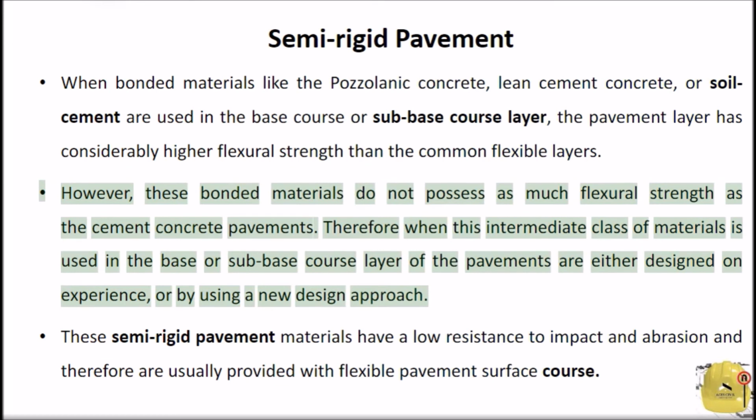However, these bonded materials do not possess as much flexural strength as cement concrete pavements. Therefore, when this intermediate class of materials is used, the pavements are either designed on experience, or by using a new design approach.